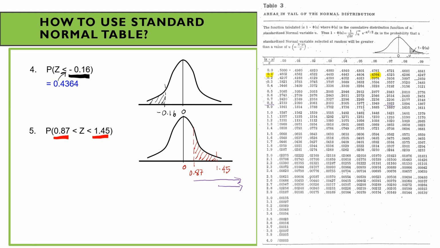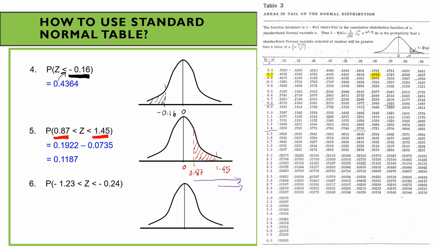Next value, 1.45: 1.4 and then 0.05 here. So the larger value minus the smaller value. So the final answer equals 0.1187.